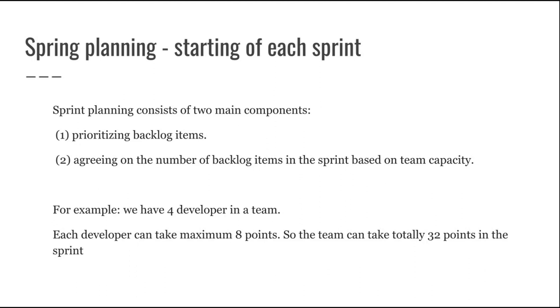The second one, agreeing on a number of backlog items for the sprint based on team capacity. For example, if we have 4 developers in a team and each developer can take a maximum of 8 points, the team can take 32 points in total in the sprint. That's why we say it is based on team capacity.